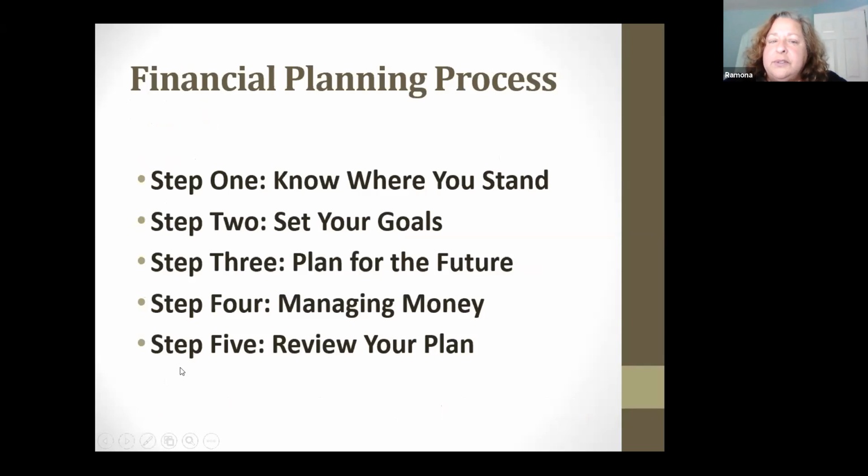So again, just quickly, another way to look at this planning process. It's some of the same things that we talked about, but I wanted to give a slightly different aspect on the planning process. Step 1, we need to know where we stand.